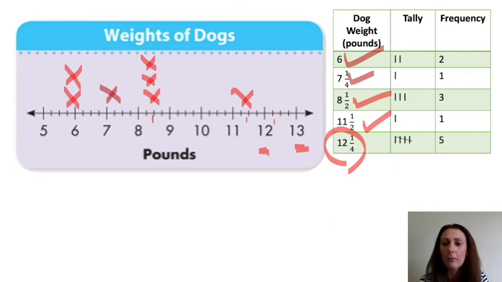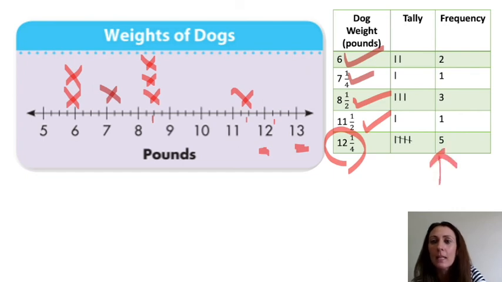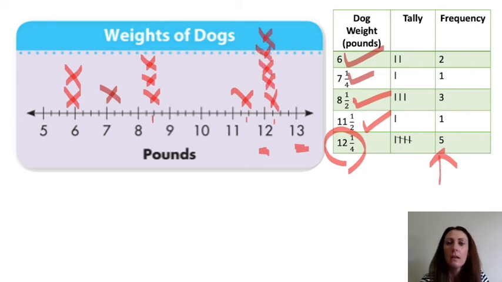And isn't that what we're looking for? Right. So how many x's am I going to put over 12 1/4? And where am I going to look to find that information? Right, I'm going to look at my frequency table and I'm going to look right here at the frequency. So how many x's am I putting? Right, 5. So 1, 2, 3, 4, 5. Yes. So that means there were 5 dogs that weighed 12 1/4 pounds.